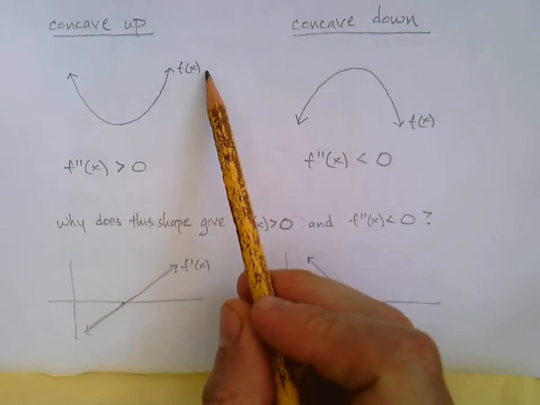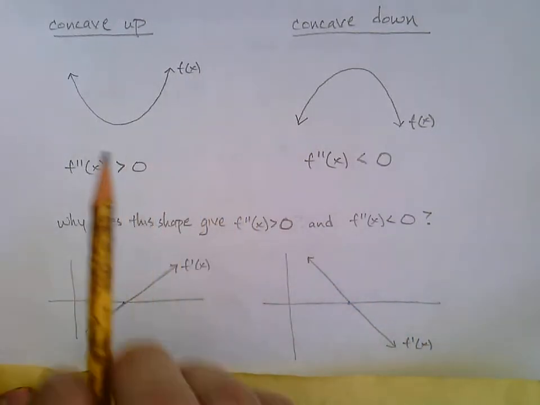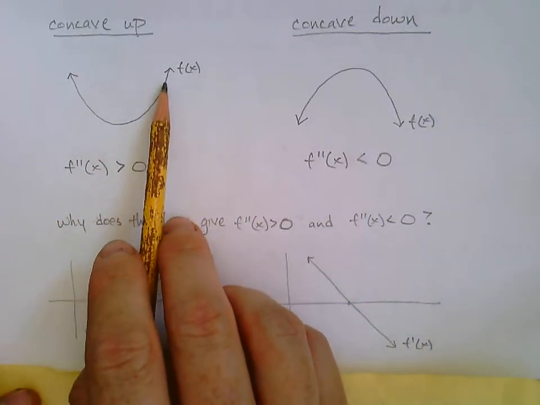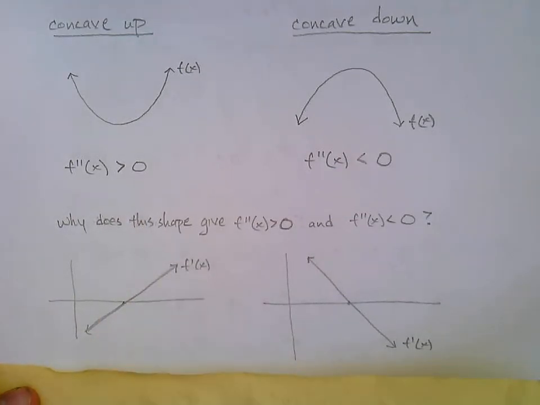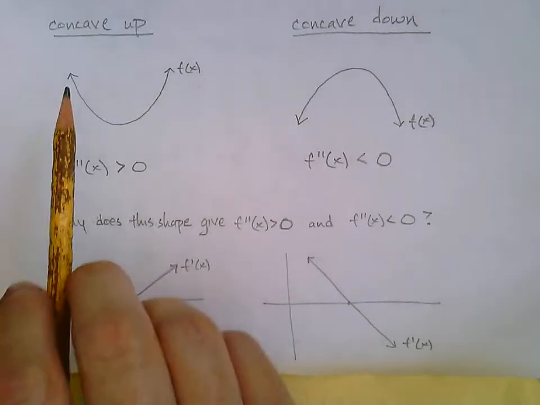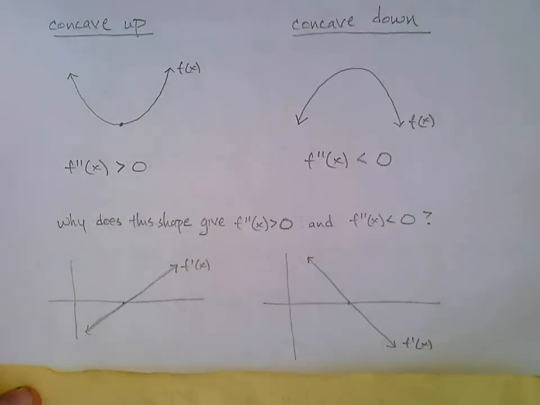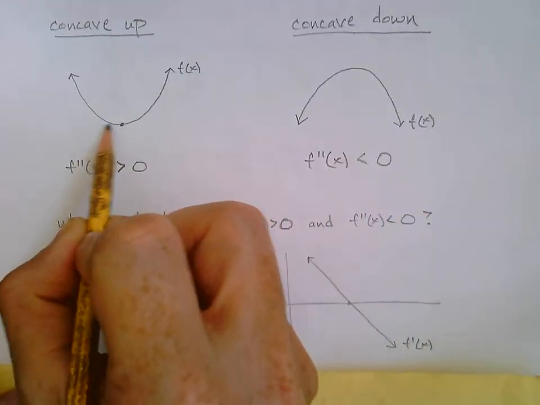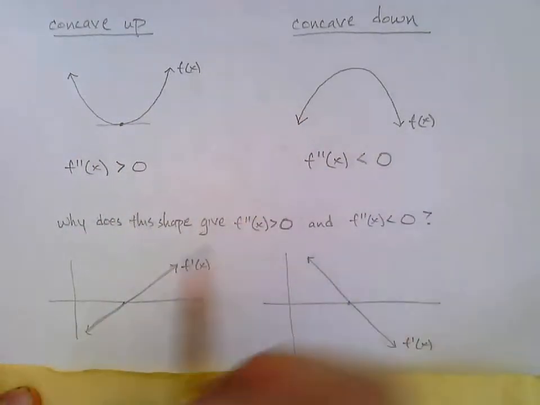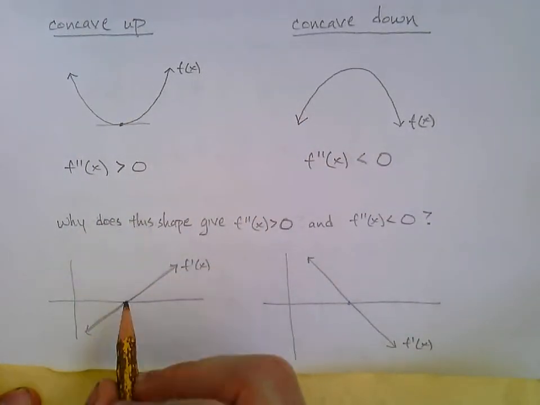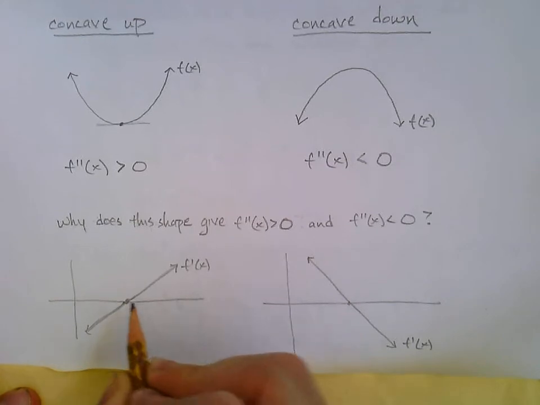If this is the original function, and it's got this shape to it, let's think about the first derivative. If it has this shape, well, then at some point it was at a minimum, right? And at that minimum, the tangent line is horizontal. That's the 0. I tried to draw it directly underneath.